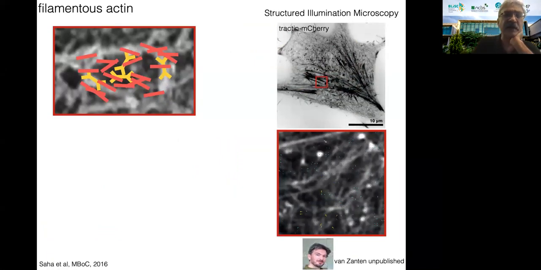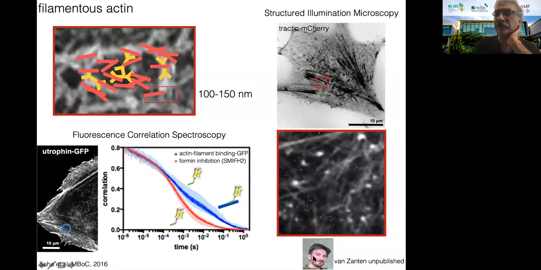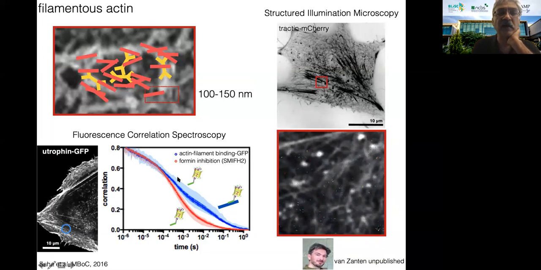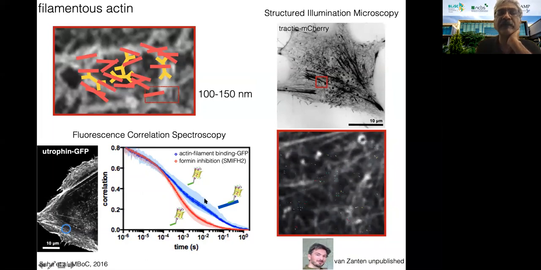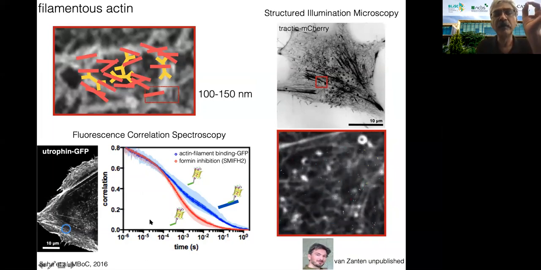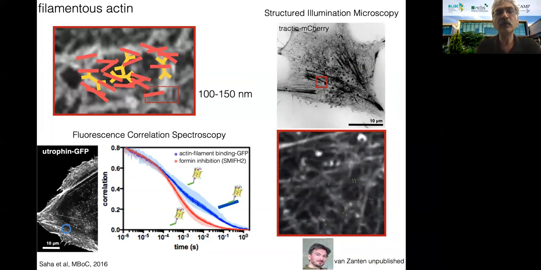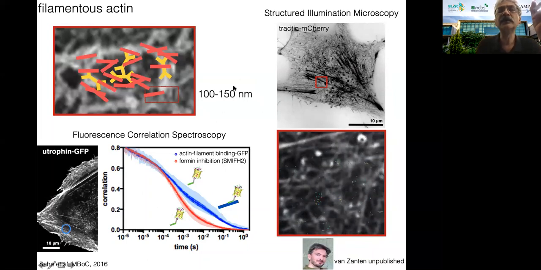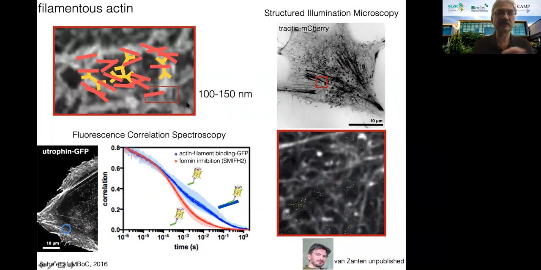And indeed, using some really very clever FCS experiments. Well, here I'm showing some experiments from SIM that Thomas has done, and experiments of FCS, I think, that he's done, but others have done as well, where they found that if you took fluorophores that could bind actin filaments, what we saw were filaments that had diffusion time scales on the order of filaments that would be about 100 to 150 nanometers in length.